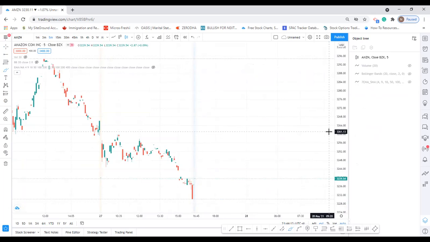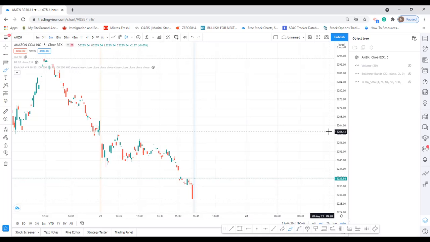I don't take RSI as an overbought or oversold condition. Sometimes people are confused and don't understand support and resistance levels.